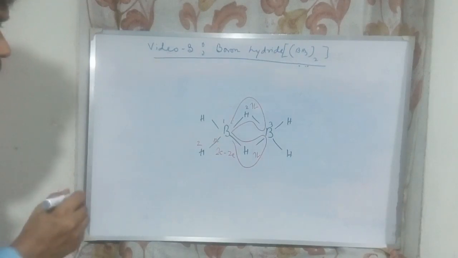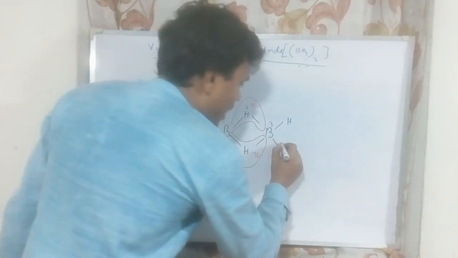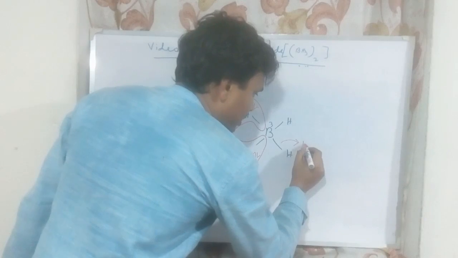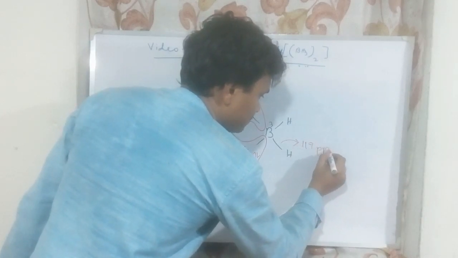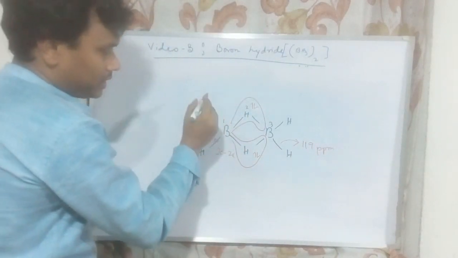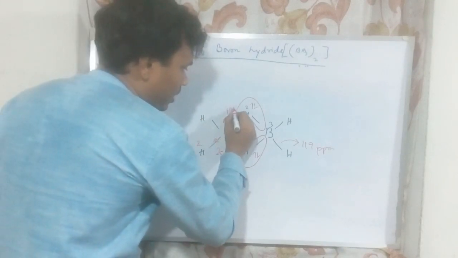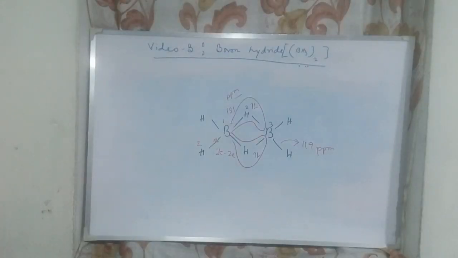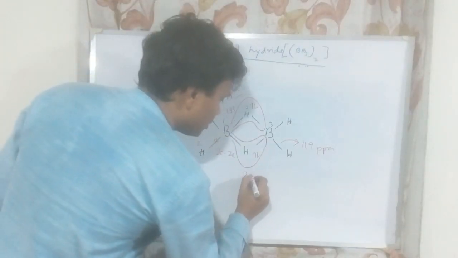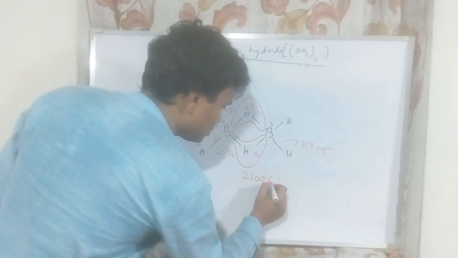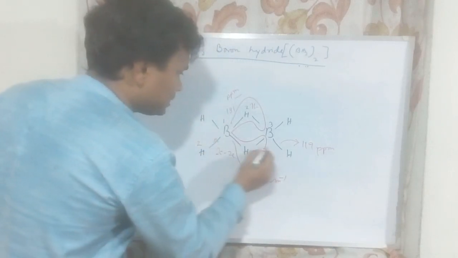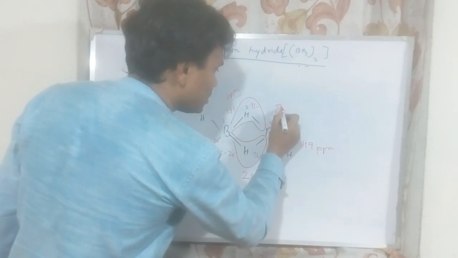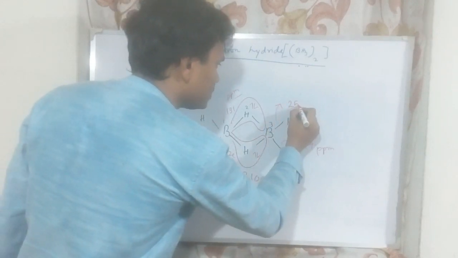For example, the bond length of this bond is around 119 pm, although this bond length is around 131 pm. And a similar thing is also observed in the stretching frequency, where the stretching frequency is lower in the case of this bond, which is 2100 cm⁻¹, whereas this bond has a stretching frequency of 2500.